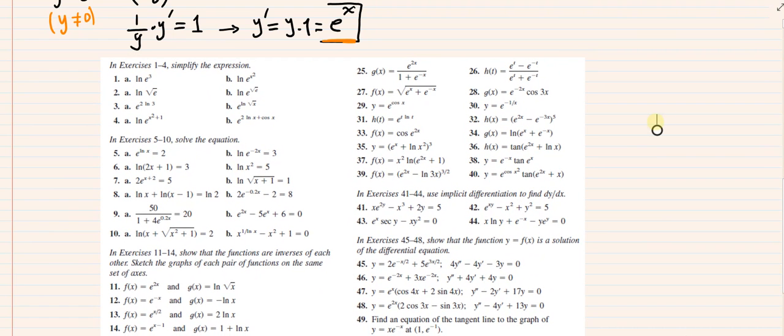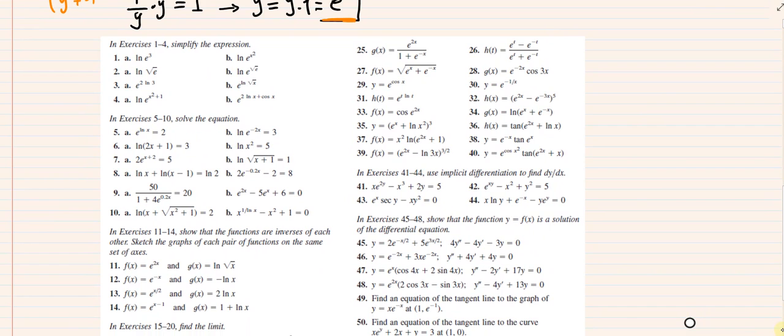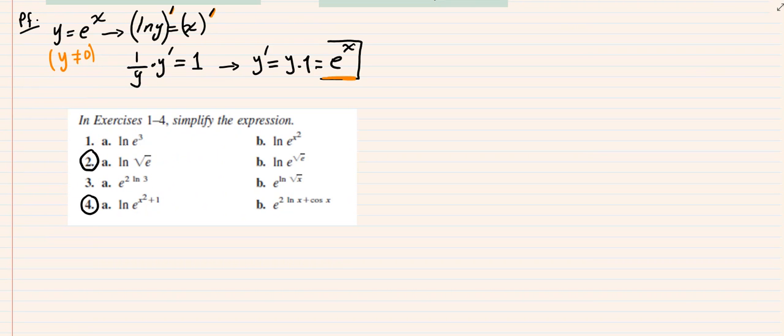Some of these I'm going to select. Let's take a look at exercises number 2 and number 4. In both of these, we want to simply simplify the expression. Number 2, part A, is the natural log of the square root of e.